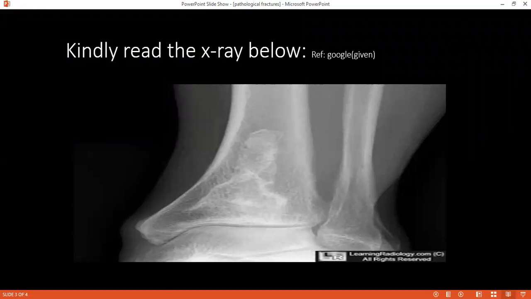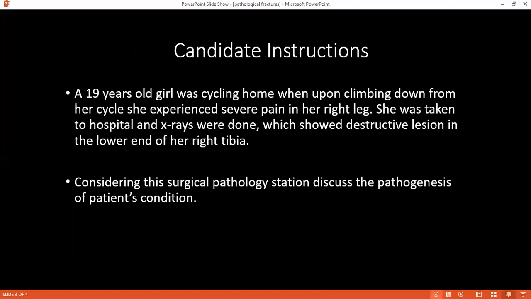This will depend upon the causes, and we will take proper history, clinical examinations, and where the pathological fracture takes place. If it's in the long bones or in the arms or wherever, that also depends. And then there is the medial scoring system. What is that system?